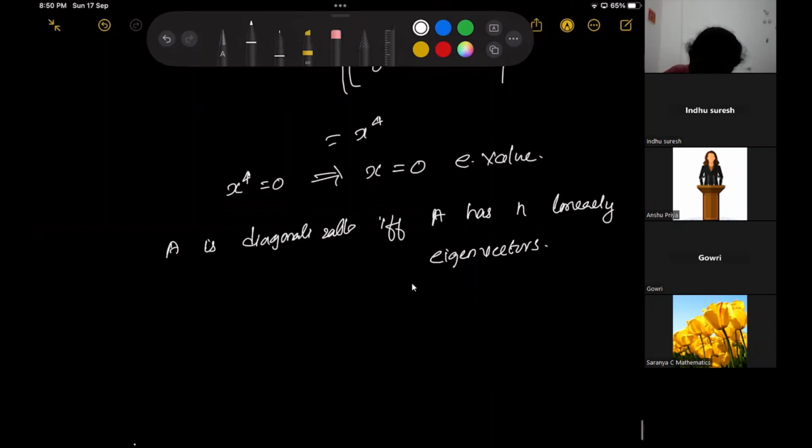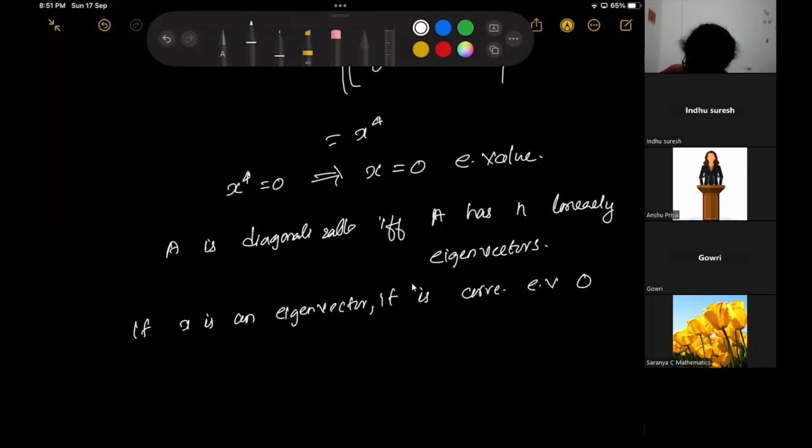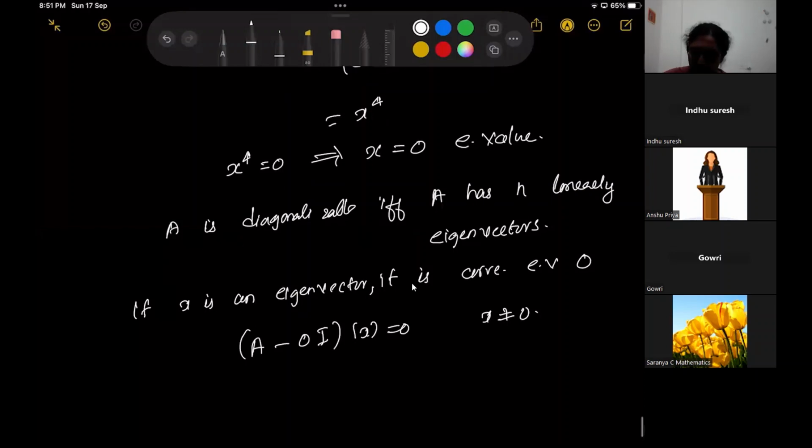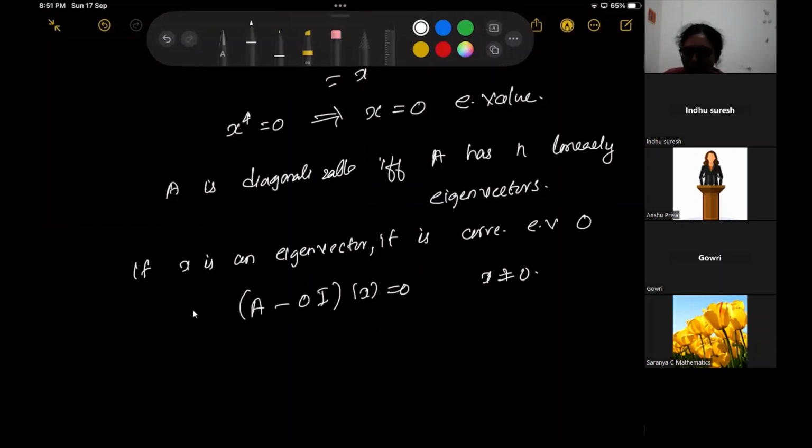So if x is an eigenvector corresponding to eigenvalue 0, then for some nonzero x, A minus 0I times x equals 0. That means Ax should be equal to 0 for nonzero x.